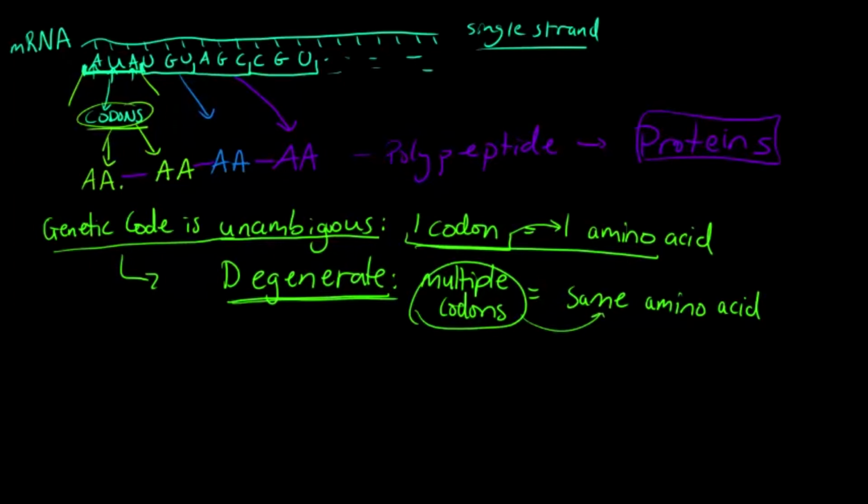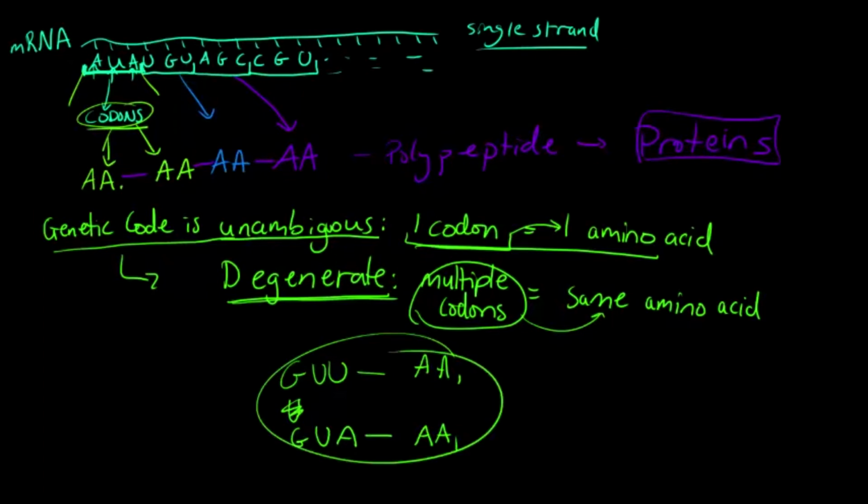So you could have GUU, that codes for, I'm going to make it up, amino acid 1 only, but GUA also codes for the same amino acid 1. I don't even know if this is true. You don't have to memorize the genetic code.